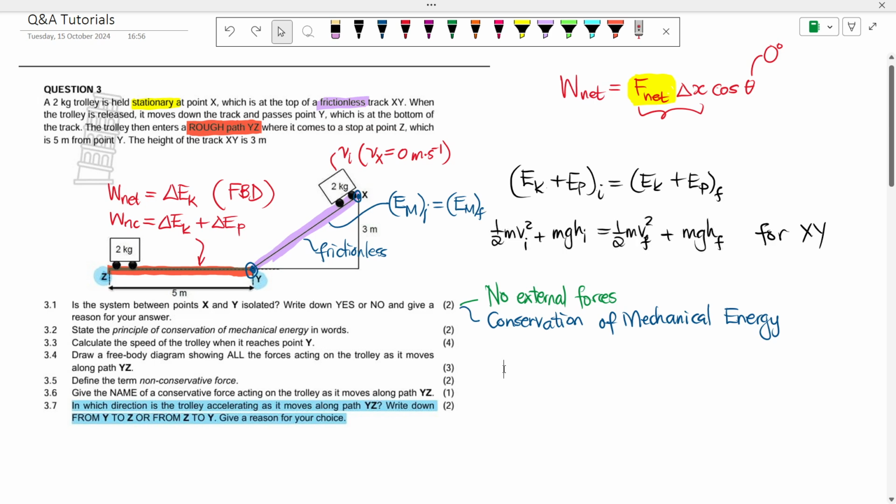Okay. So yeah, that's the equation that we'll use to solve 3.3 when they want the speed at point Y. So let's go through these terms and decide which one is 0 and which one is not 0.